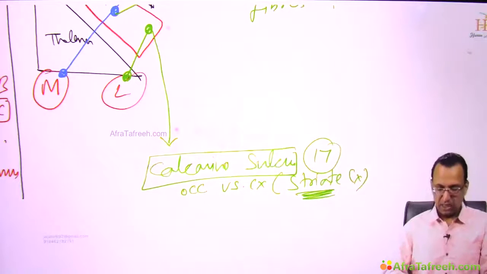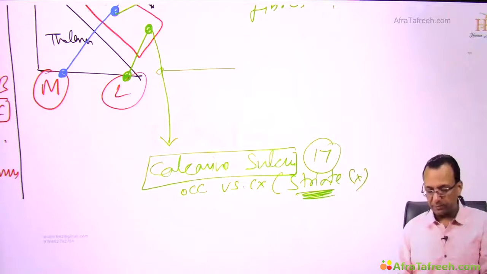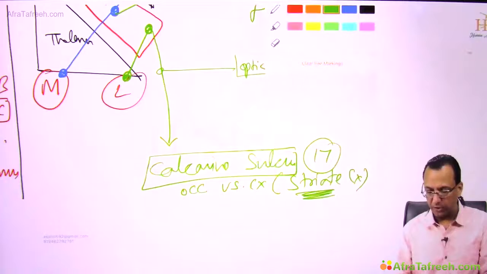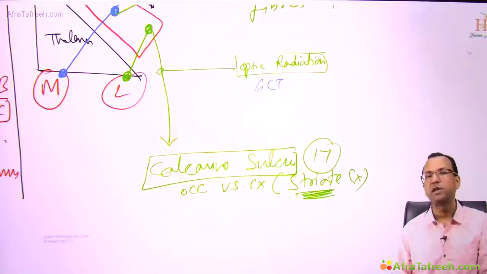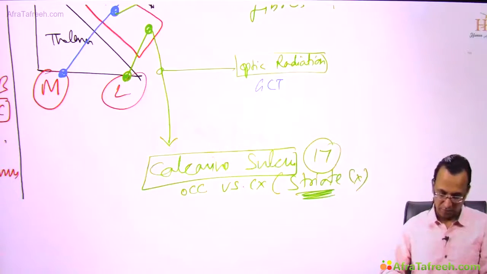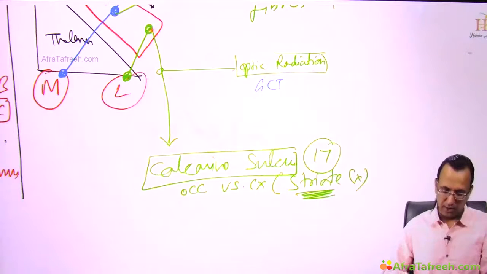What is this pathway? That is the optic radiation. What is the other name? It is also called the geniculocalcarine tract, because it comes from the lateral geniculate body and goes to the calcarine sulcus.